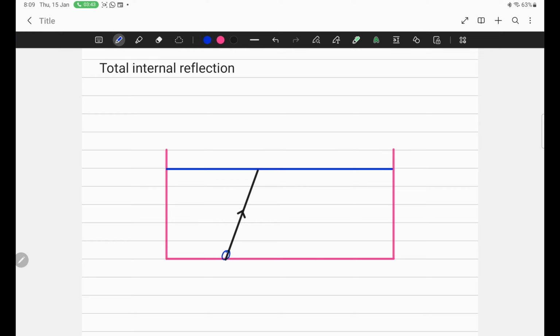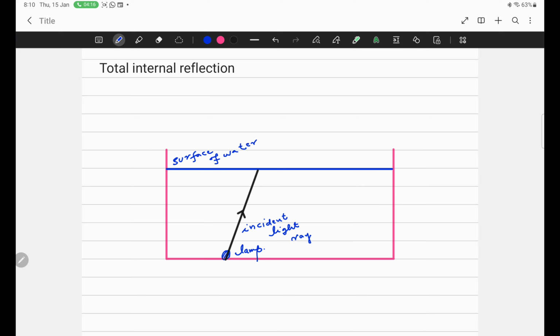Actually, the bulb or lamp is here, and the light from the lamp is called the incident ray. But today, the lamp is inside the water, and this is the incident light ray, and this is the boundary or surface of water.